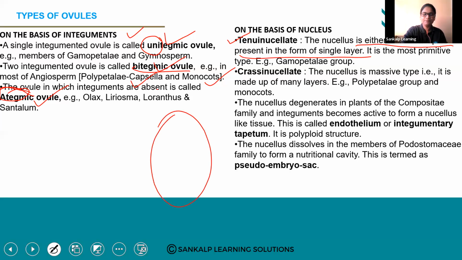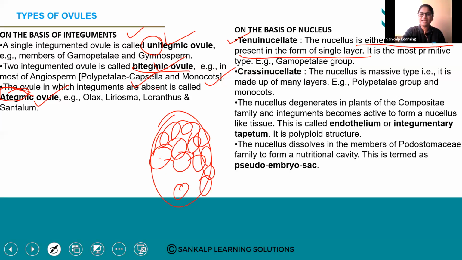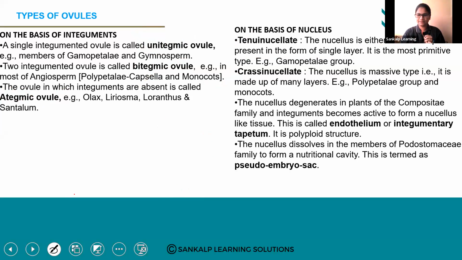So if this is the embryo sac, the egg cell, and the nucellus is a single layer of cells, then it is called tenuinucellate. Crassinucellate means the nucellus is massive, in the form of many layers of cells.